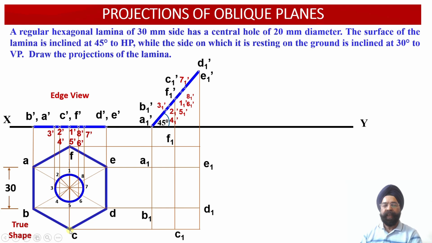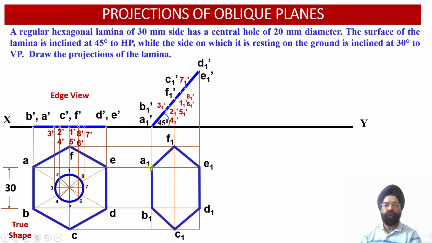And finally, from point C, we have drawn a horizontal projector line and it intersects with the vertical projector line drawn through the point C1 dash at this position. So this way, all the 6 points corresponding to the boundary of this particular hexagonal lamina have been evaluated.